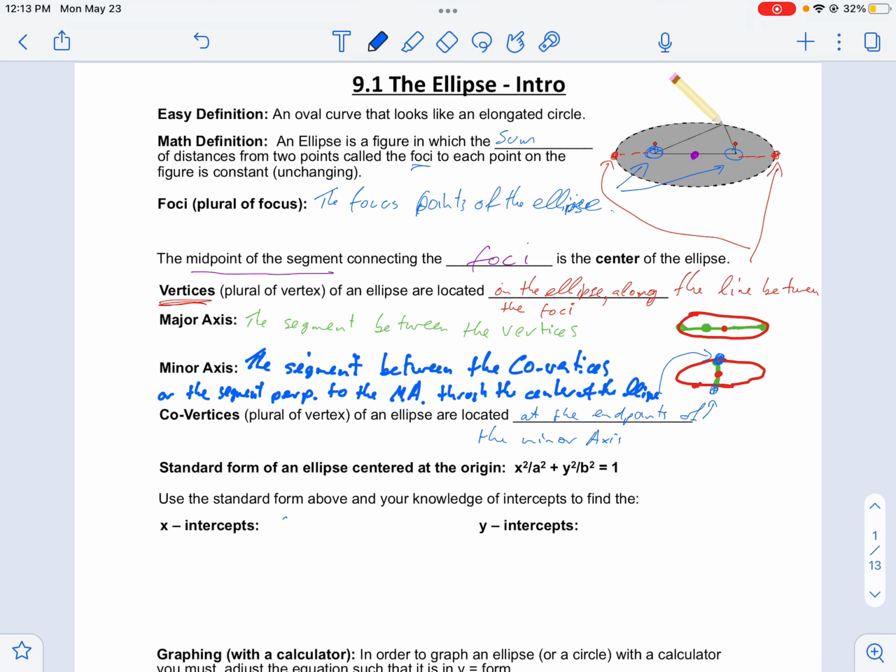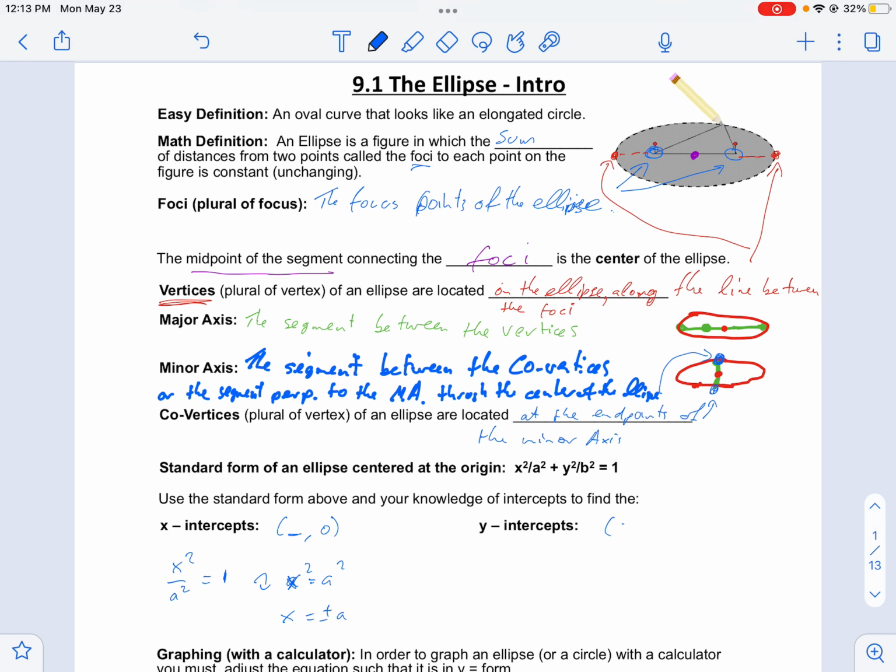So for the x-intercept, it's the point where y is 0, so you have x squared over a squared equals 1, so x squared equals a squared, and x equals plus or minus a. Right there, if it exists, that's where it would be.